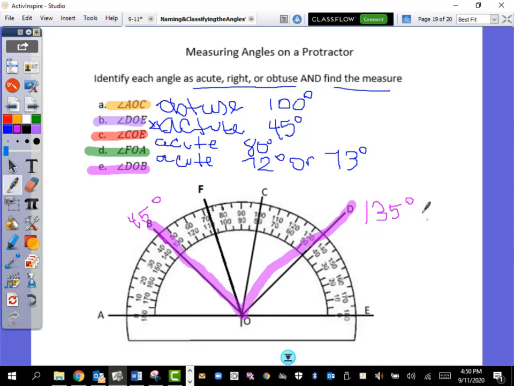So anytime you get two different angles, you're going to subtract them. And whenever you subtract them, you subtract from the biggest number to the bottom number. So 135 minus 45 will give you 90.